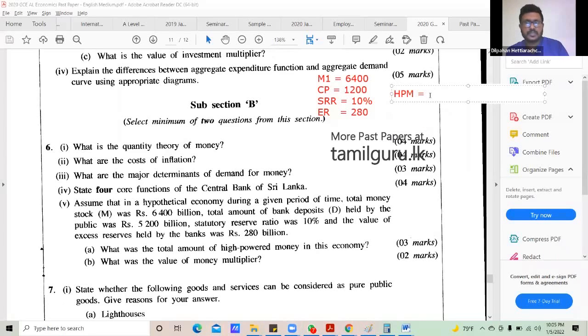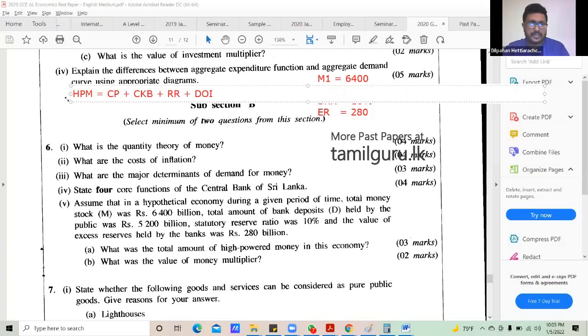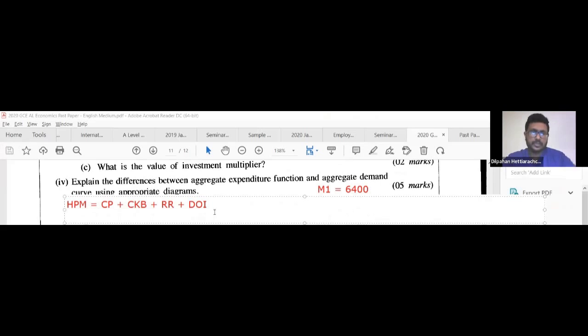There are some components of high-powered money. Can you remember? What are the components of high-powered money? CP is a component. Then what? CKB. Then what? RR. Then what? DOI. Anybody who couldn't study or didn't have proper notes might be confused. What is this? I will explain.